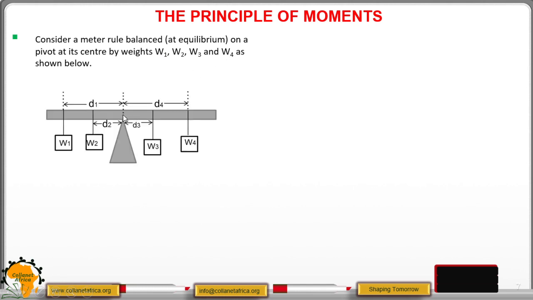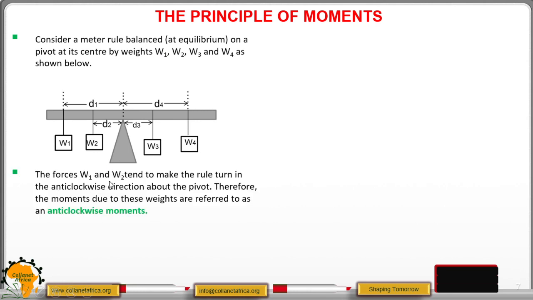And then they are at different distances from the pivot. And the forces W1 and W2 will tend to make the ruler turn in the anti-clockwise direction about the pivot. Therefore, they produce what we call the anti-clockwise moment.